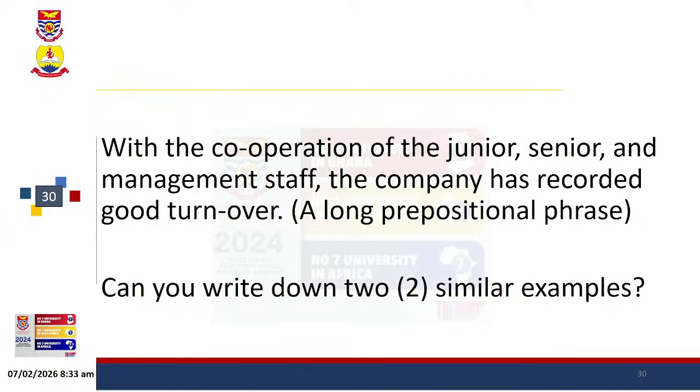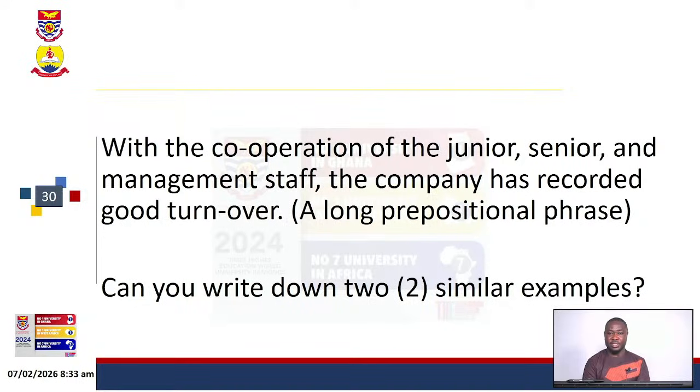With the cooperation of the junior, senior, and management staff, the company has recorded good turnover. Okay? With the cooperation of the junior, senior, and management staff, this is a prepositional phrase. Why is it a prepositional phrase?